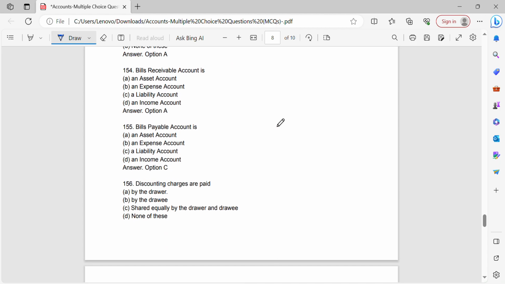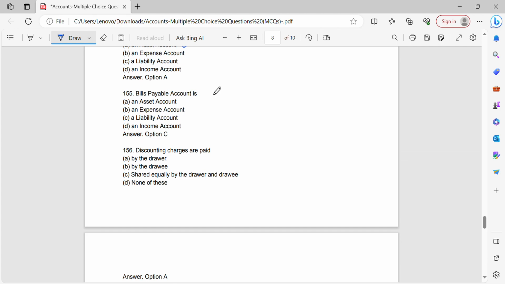The next question is: bills receivable account is A, an assets account; B, an expenses account; C, a liability account; D, an income account. The answer is option A, an assets account. Bills payable account is an asset account, an expense account, a liability account, or an income account.